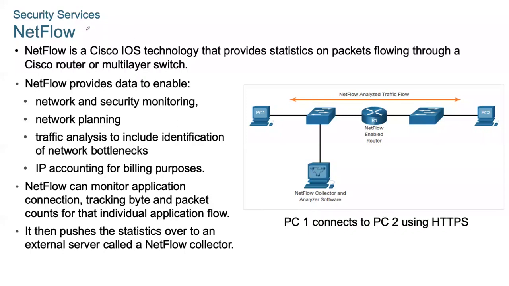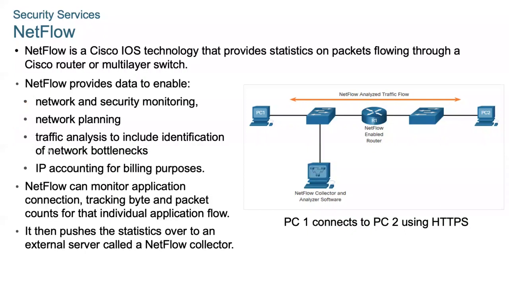First and foremost is network and security monitoring. Second, based on your traffic flow, you can plan your network. That means you can establish more virtual LANs to balance the network inside the network management system.